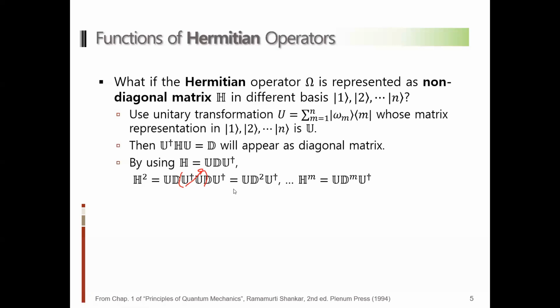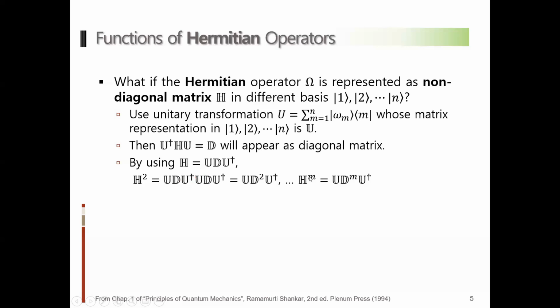So it will just become like this one. And if we multiply m times, each of the U dagger and U will be sandwiched between each of the D's, and eventually all of those pairs will cancel with each other, and we will be left with D to the m, with only the first term and the final factor remaining. So we will always have this kind of shape.